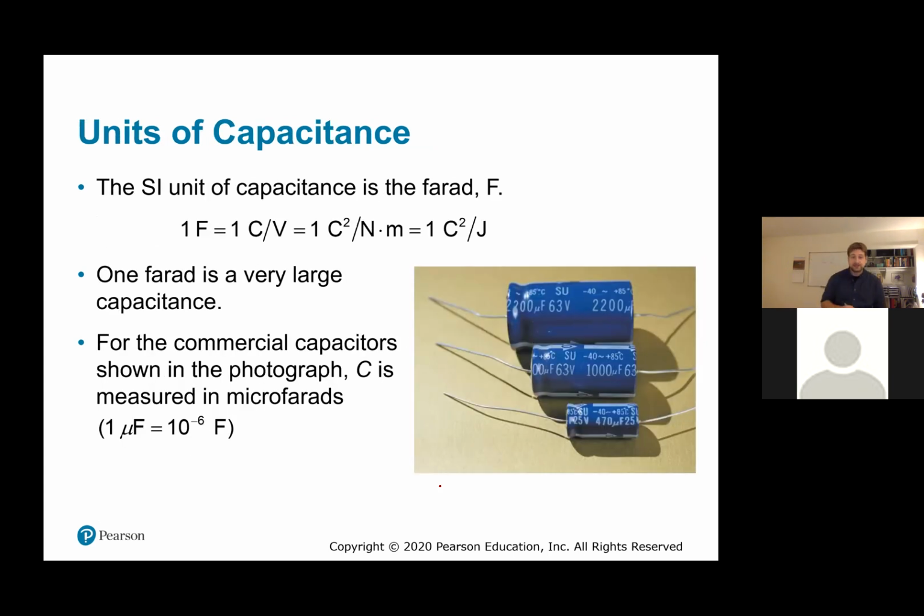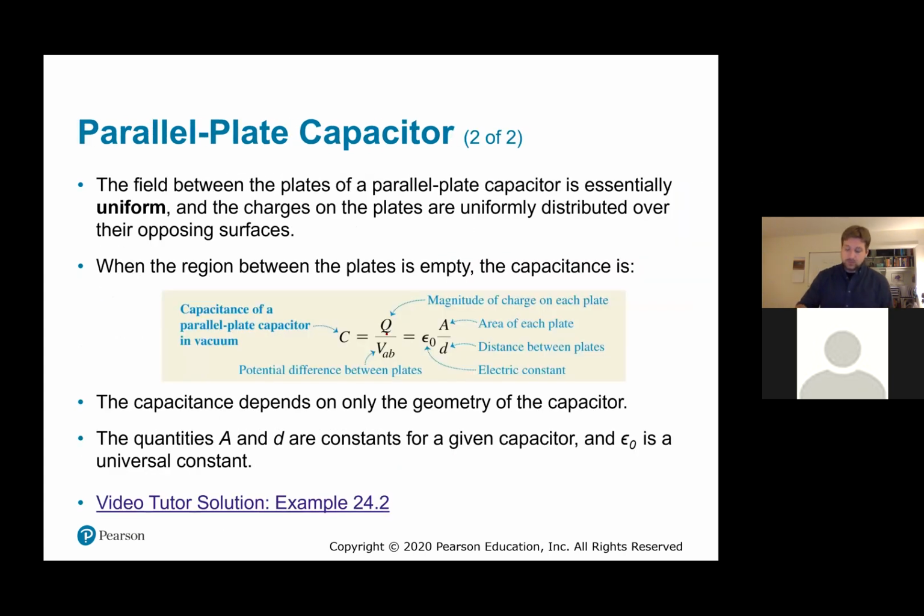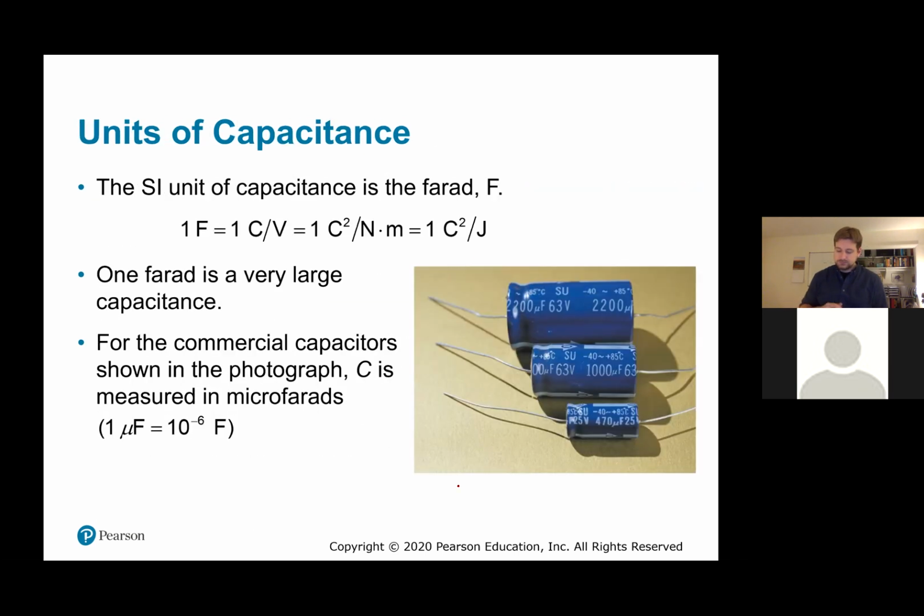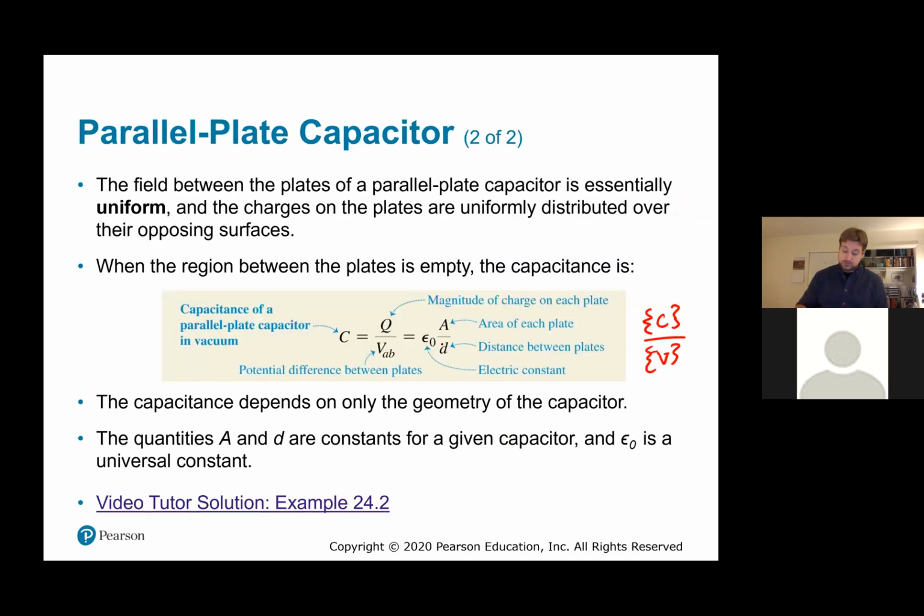The unit of capacitance. Wait, hold on. We know what it is. It's coulombs per volt. Or if we chase down the units, this is area, so that's meters squared divided by distance, meters squared over meters. Okay, so it's just meters, but we have to remember what the units for the permittivity are, and I'll save us the time.